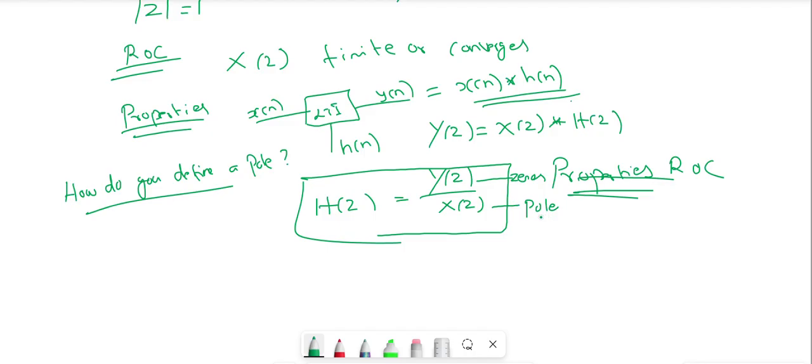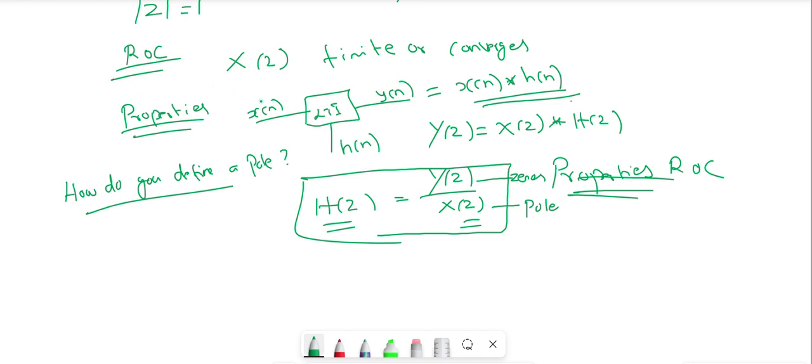The system has a pole at which the amplitude of the system becomes infinite. So for the system output to be of finite amplitude, we must avoid operating the system in the region of poles of the transfer function.